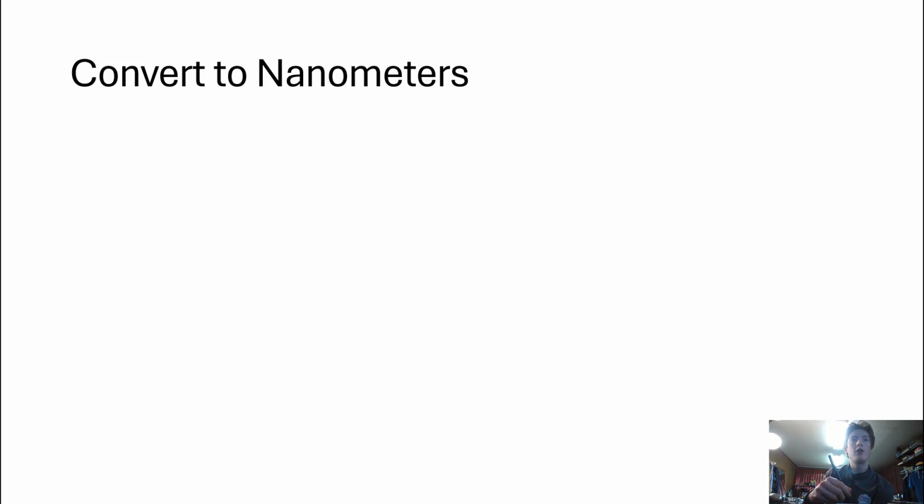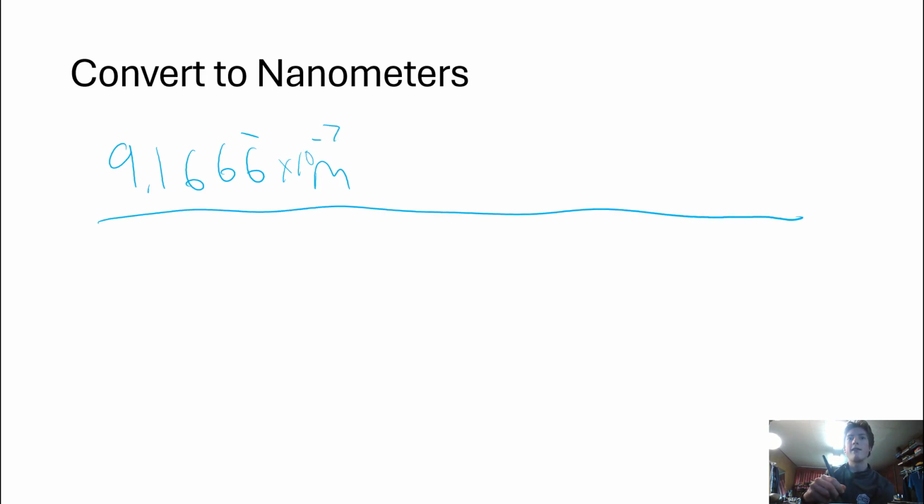Because wavelength is usually expressed in nanometers, it's not usually expressed in meters. So we got this value of 9.1666 repeating. It's important not to round this till the very end of the process to avoid intermediate rounding error. So right now this is in meters, so this is times 10 to the negative 7. And then we have to ask ourselves, we have 1 meter here. How many nanometers are in a meter?